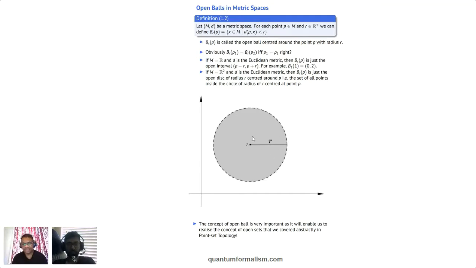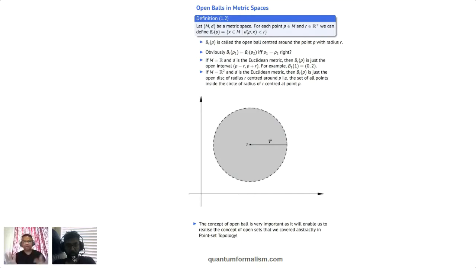So you can picture it this way. Here you have the point P, and anything less than this distance. This is an example in R2, just for you to see an intuitive picture.